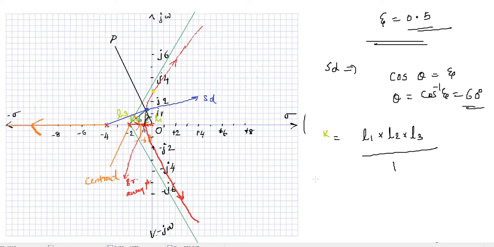So the value of k when the damping ratio is 0.5 can be found using this equation. We measure L1, L2 and L3 using a scale, and you will get the value of k as approximately 8. So, this is the open loop gain corresponding to the damping ratio 0.5. Thank you.